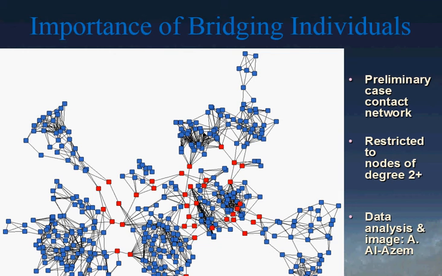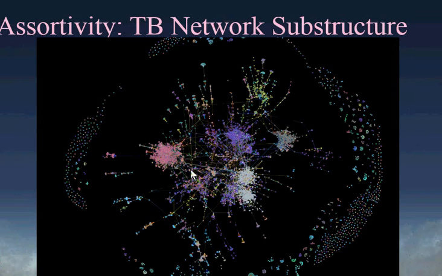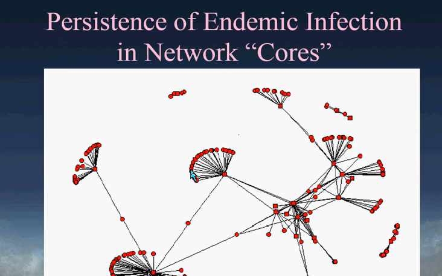We know that individuals who are in bridging positions between communities, this from some of our work with TB in Saskatchewan, are often key individuals in mediating the transmission. Certain infections that you would have thought would have died out, would not have been fit enough to survive in the population, actually survive in network cores.